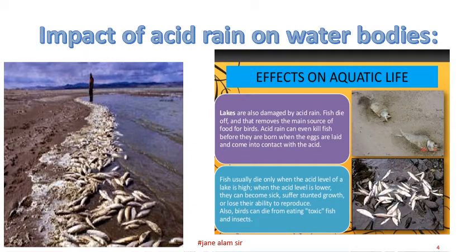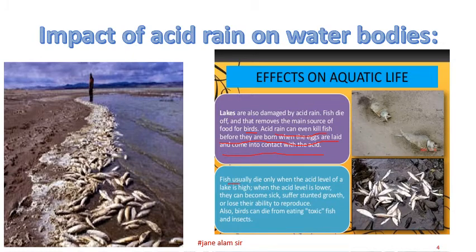Here you can see the picture of how fishes died due to the acid rain, and lakes are also damaged by acid rain. Fish die off and that removes the main source of food for birds. Acid rain can even kill fish before they are born when the eggs are laid and come in contact with the acid.